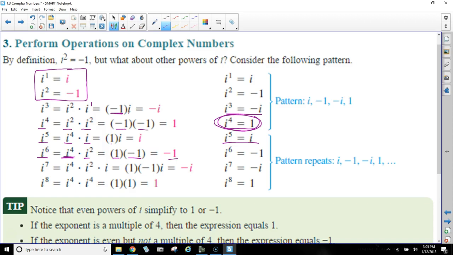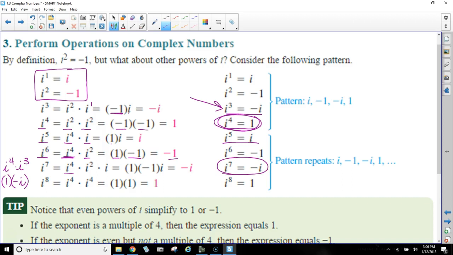And so forth. i to the seventh is broken down into i to the fourth times i cubed, because we know i to the fourth is 1, and we already discussed up here that i cubed is -i. So that's how they get i to the seventh is -i.